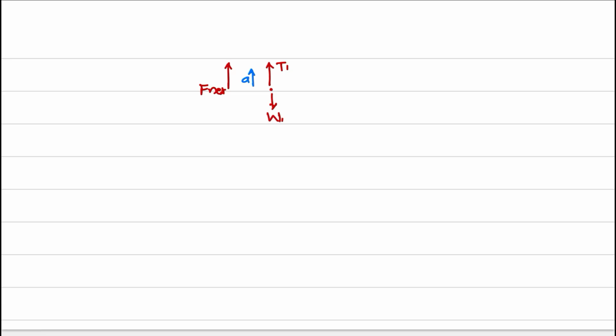In the direction of net force, what is the external force acting? T1. In the opposite direction, what is acting? W1. Which implies F net is equal to T1 minus W1. This is equation 1.